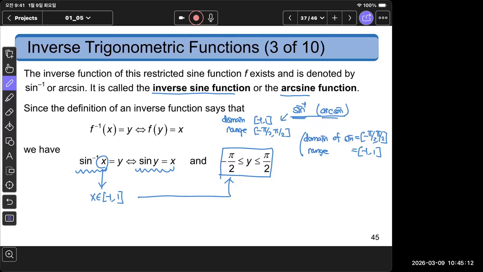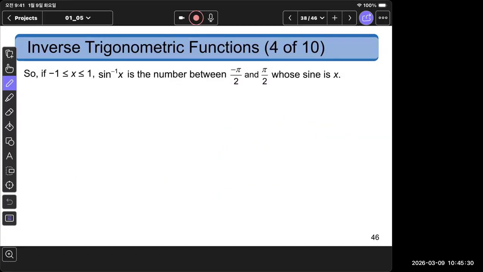And in that case, the domain of the sine function will be automatically restricted to negative half pi to half pi, so that the function becomes one-to-one. Okay. So when x is between minus 1 and 1, the arcsine function, the inverse of the sine function, will be a value between minus half pi and half pi, whose sine is x, of course.